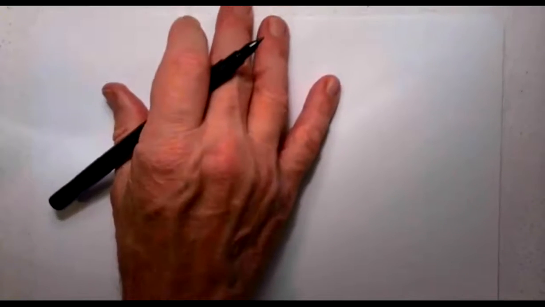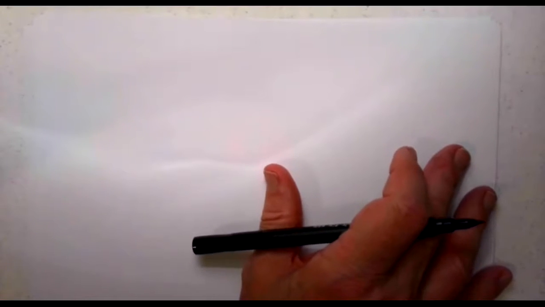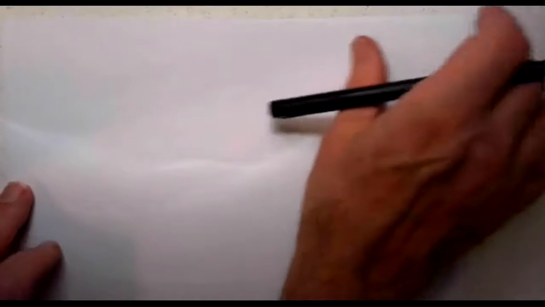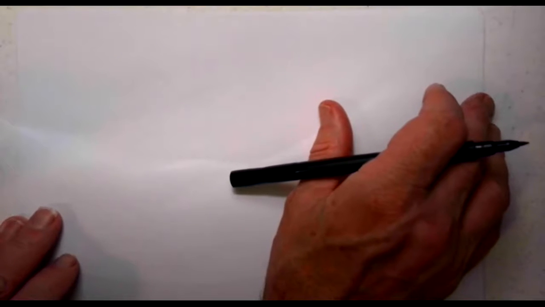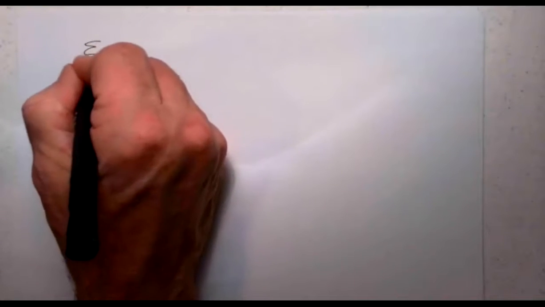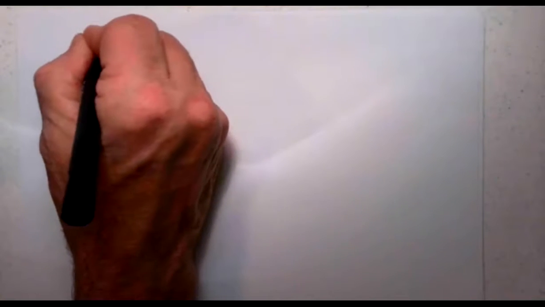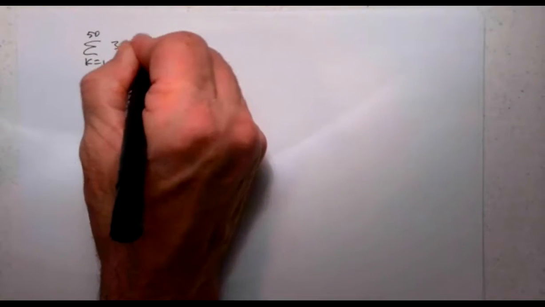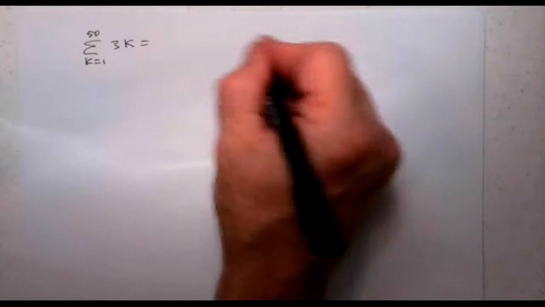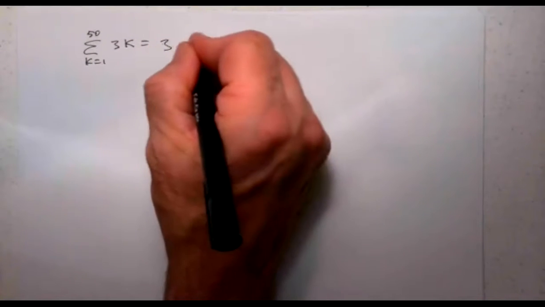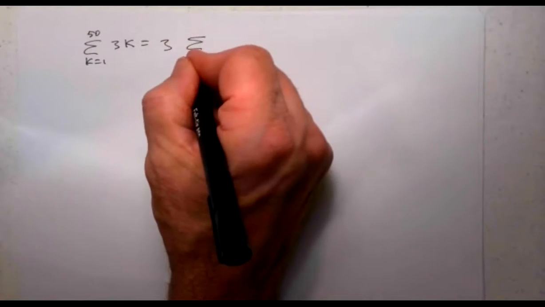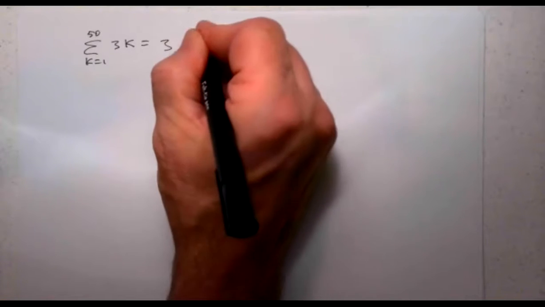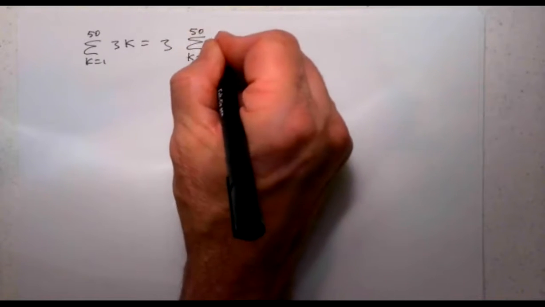You can pull the constant multiplier out in front. The 3 multiplies each one of those pieces, so we can, in essence, factor it out and say this is the same as 3 times the sum as k goes from 1 to 50 of k.